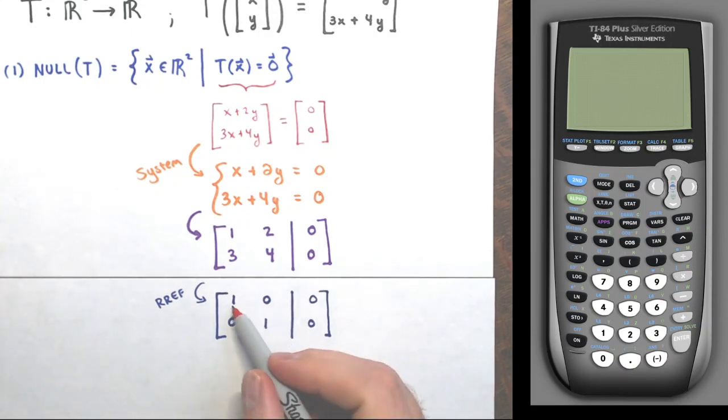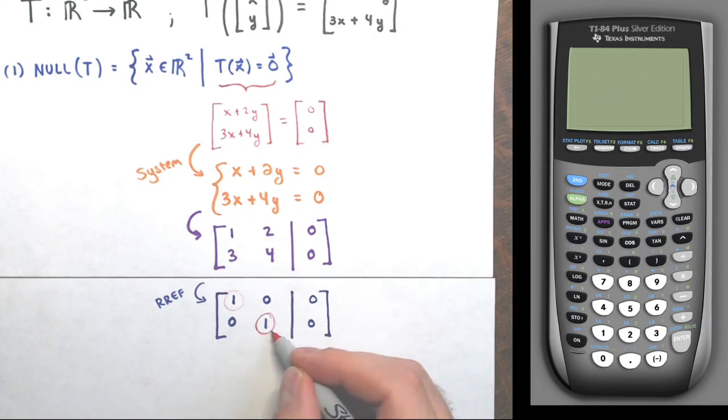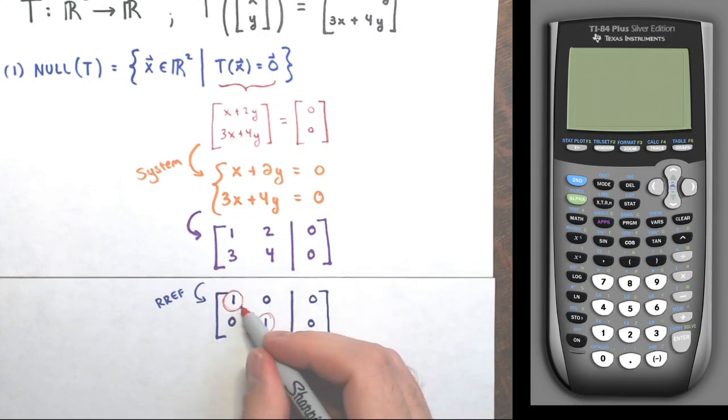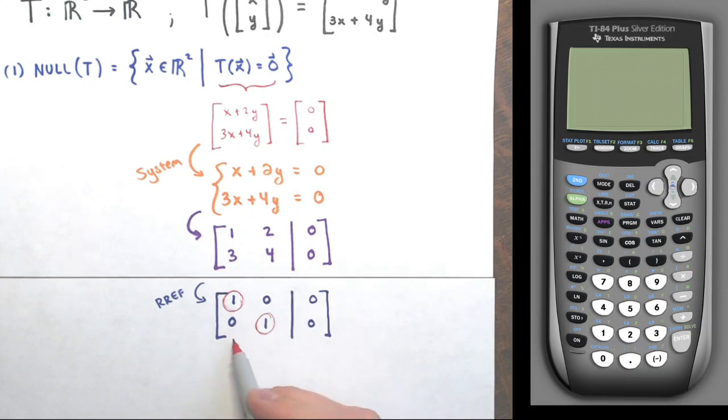And then we're seeing that both x and y are basic variables. Looking left of the bar, both columns have a pivot, a leading one with zeros above and below it. So both x and y are basic, no free variables.